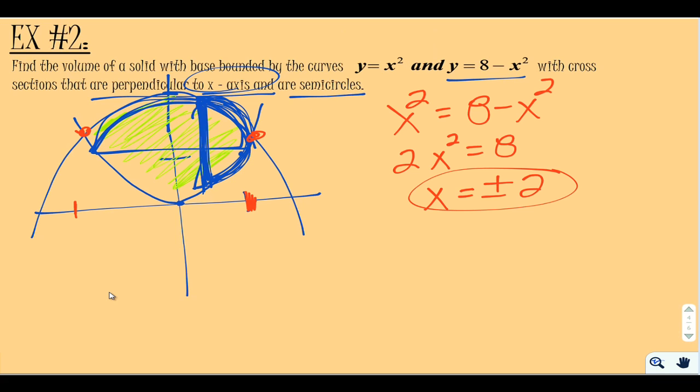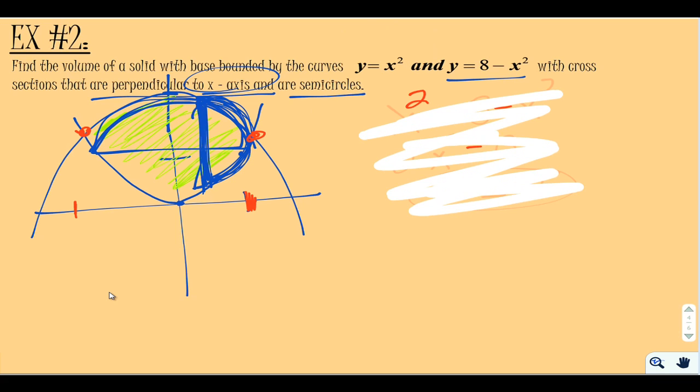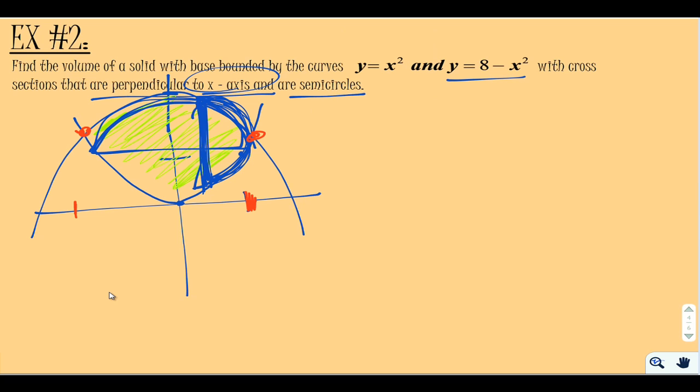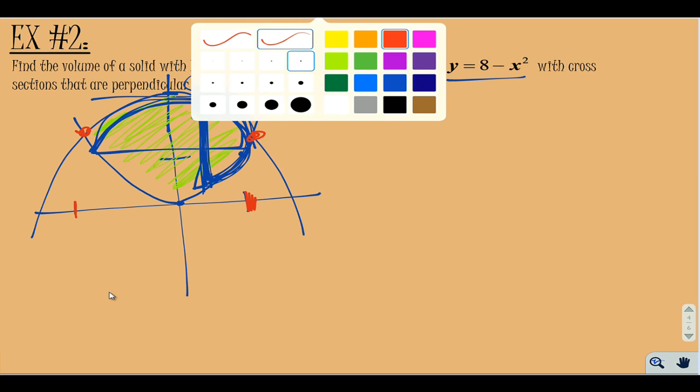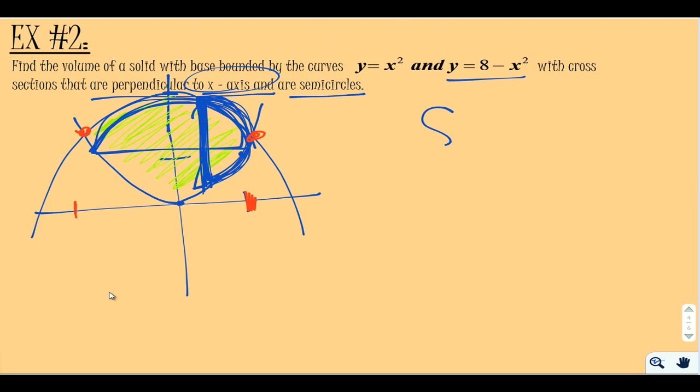Okay, so here we go. I'm integrating from -2 to 2. We said it was pi. Can we bring this pi over 2 out here? And we just have to figure out what the radius of our little semicircle is, right?